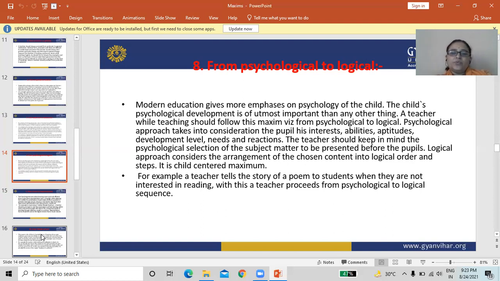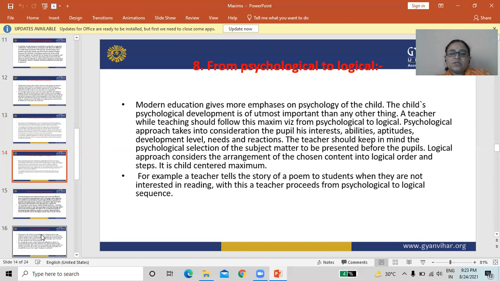The psychological approach takes into consideration the pupil's interest, ability, aptitude, development, level, needs, and reactions. The teacher should keep in mind the psychological selection of the subject matter to be presented before the pupils.